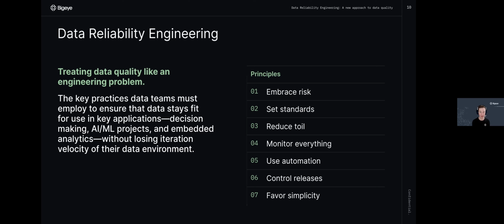Monitoring, this is really where Bigeye fits in very well, is understanding what is the state of the world at all points in time. So a lot of the principles are the same, it's just the implementation of those principles is slightly different. But the key part here is having that set of principles and that foundation of thinking about data quality like it's an engineering problem and solving it like it's an engineering problem.